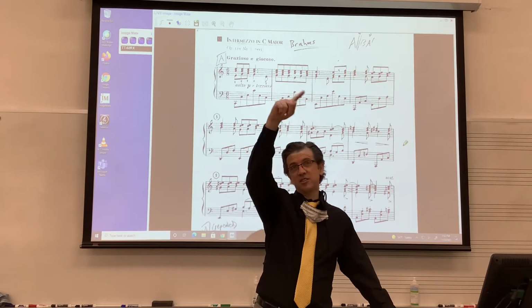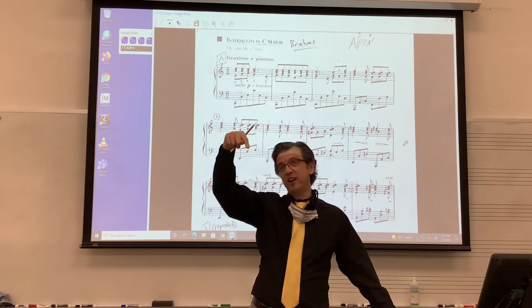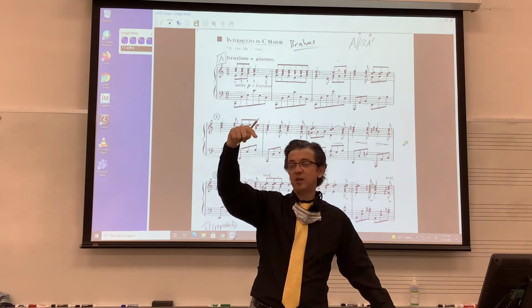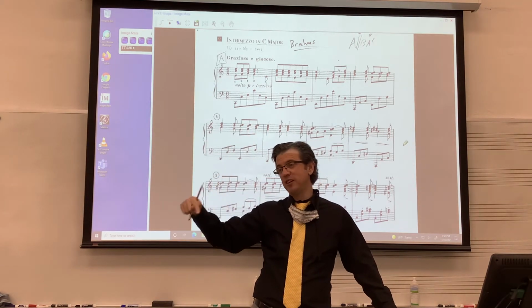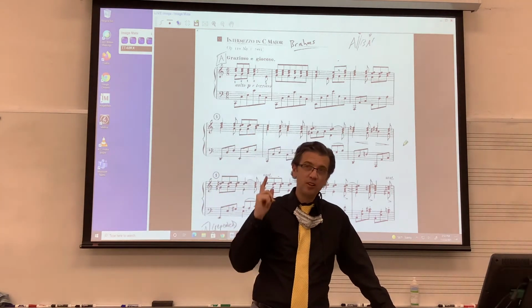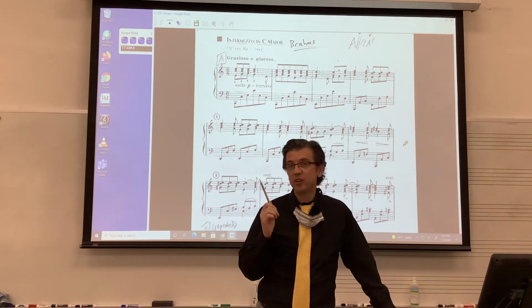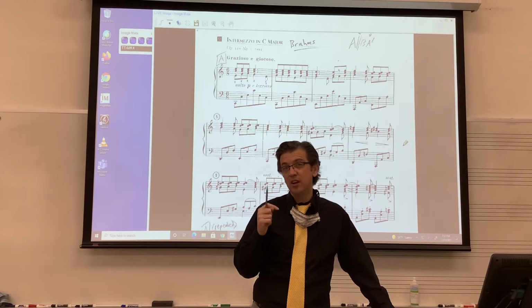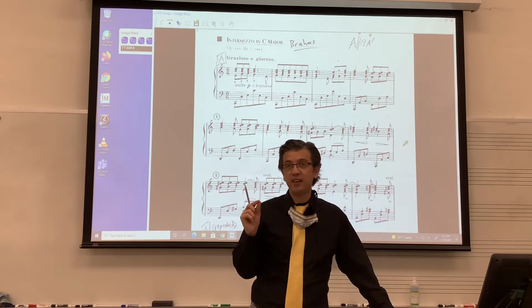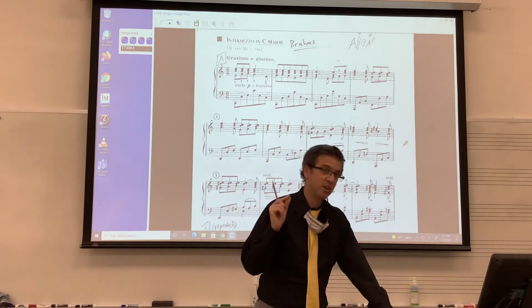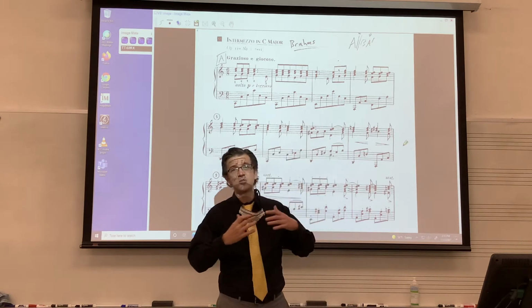We went the first zillion bars, and then we got a half cadence, and then we kept going, and then finally at the very end, authentic cadence. Only one authentic cadence at the very end in this whole piece. We're going to see the same thing in this Brahms piece. Brahms is in C major, but he will only give us an authentic cadence in C major at the very end. He's going to make us wait that long. So there's definitely a sense of tension.